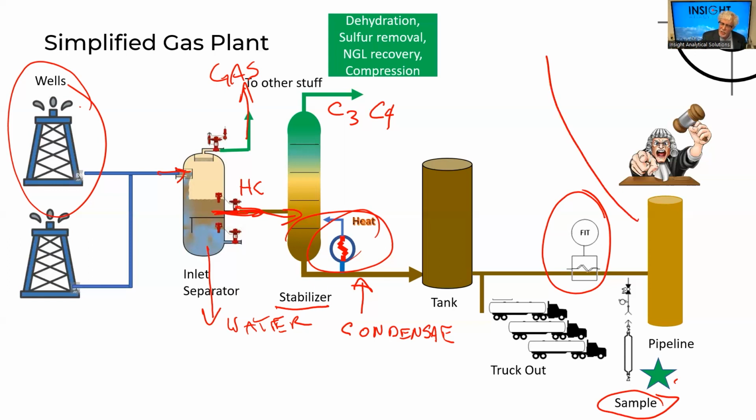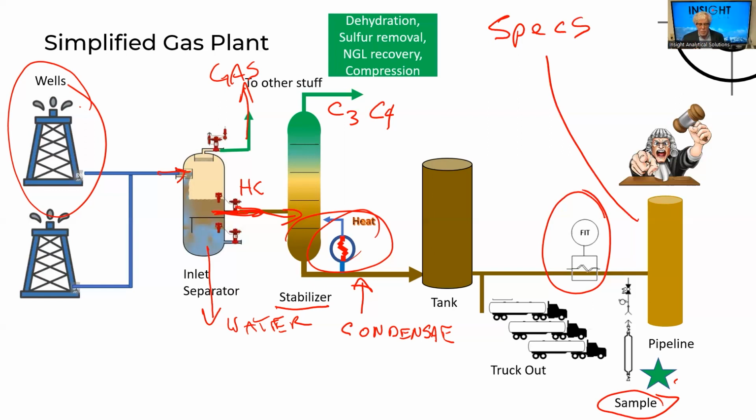There's specifications related to this pipeline. Depending on how we meet those specifications, or how close we come to those specifications, is going to determine what the value of that condensate is.